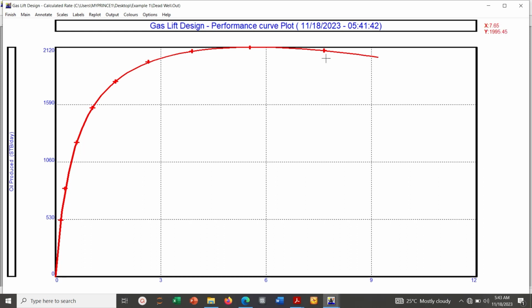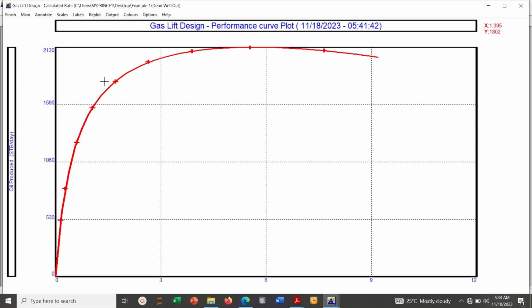So we are going to look at our optimum point of injection. Our optimum or economic point of injection lies at this point. What we do is draw the tangents at this point, and then we will be able to know, within this range, the point of optimum or economic rate.